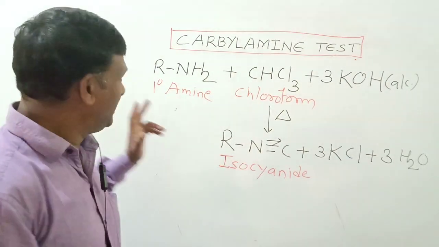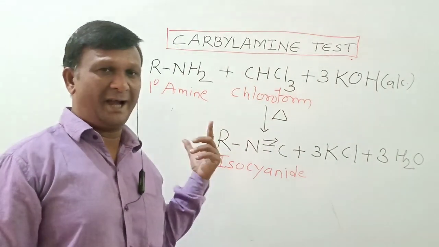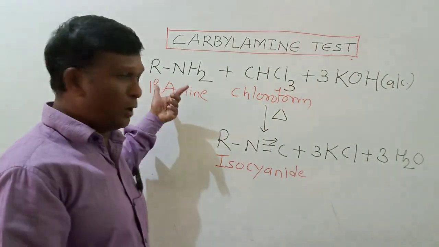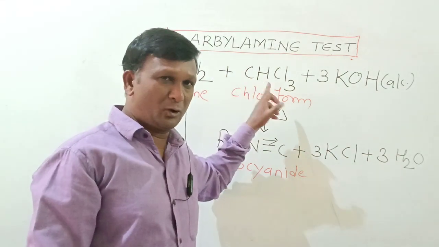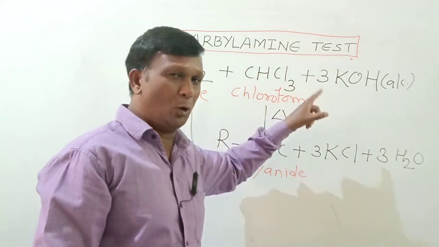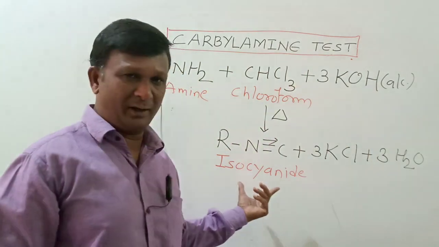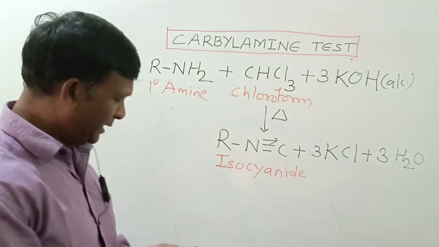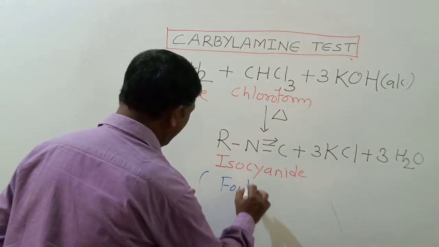So the carbylamine test simply gives the formation of isocyanide from a primary amine in the presence of chloroform and alcoholic potassium hydroxide. It is very easy to identify the isocyanide, as it has a foul smell.